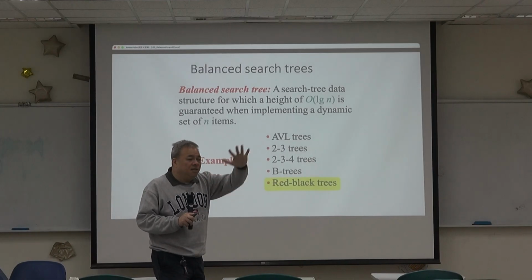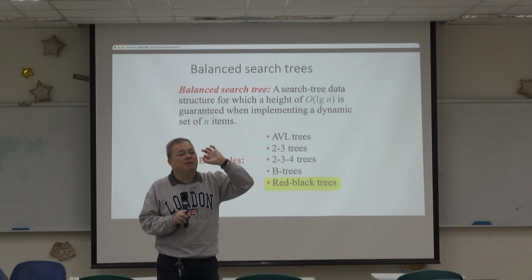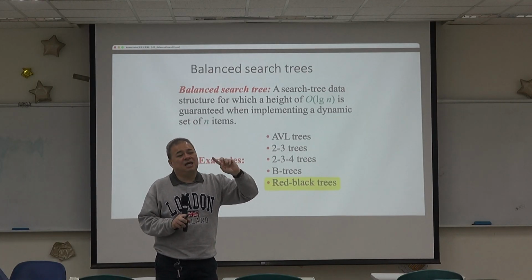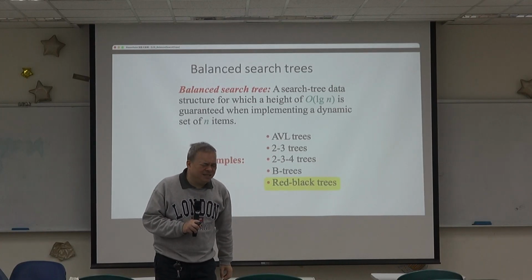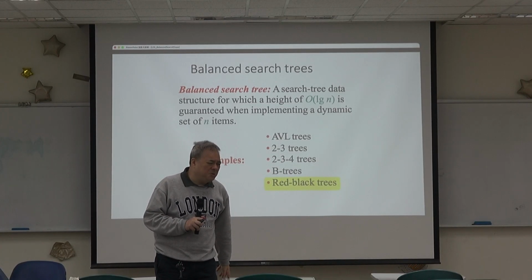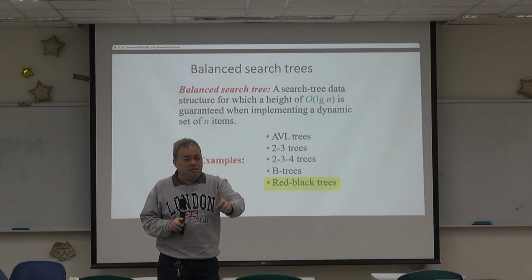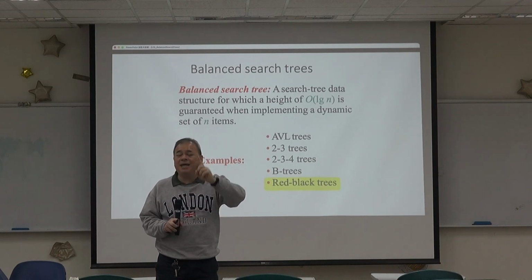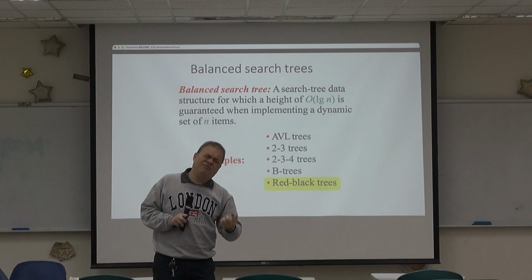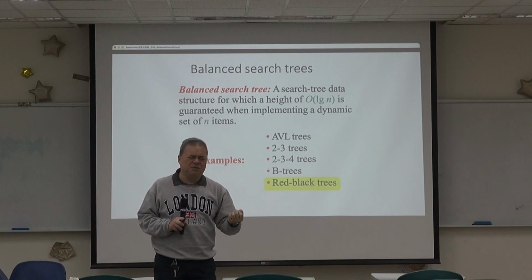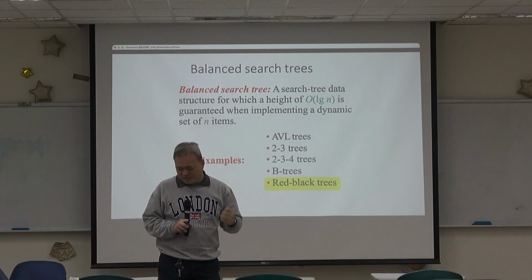As I mentioned, the height difference of the left subtree and right subtree is bounded by 1. If you want complete balance, it's difficult for a binary search tree. But red-black tree is a binary search tree and it's balanced, well, not completely balanced, but at least it's very close to that.